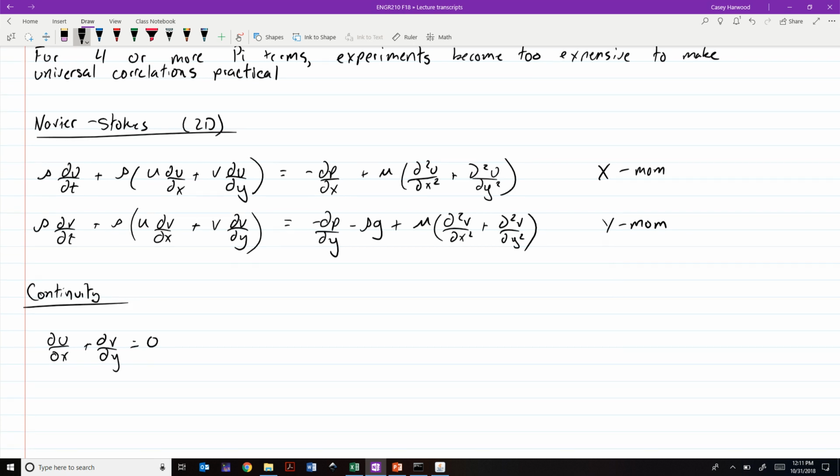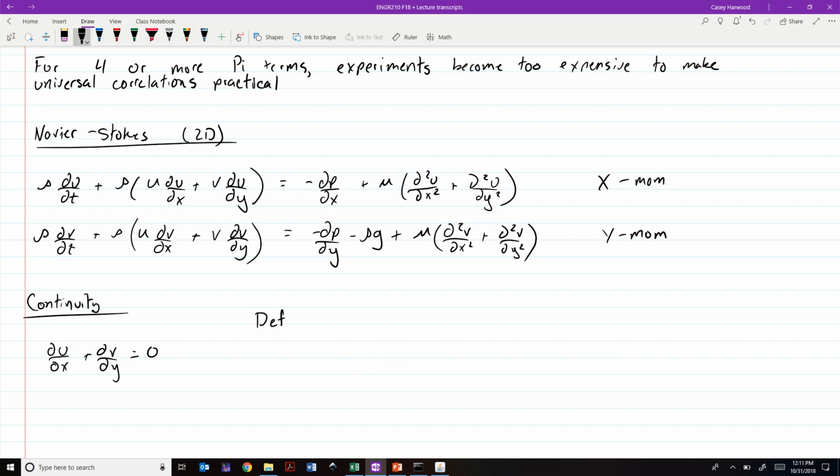What I mean by that is if we define reference variables, we'll say V, which is going to be known as a characteristic velocity. This might be something like the speed of an object moving through a fluid, or the free stream speed of a fluid flowing past a fixed object.